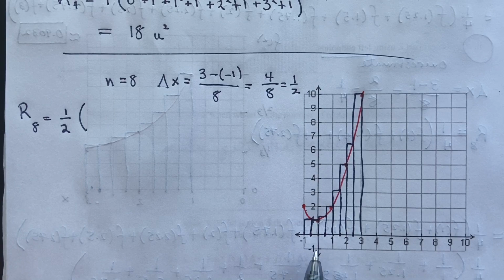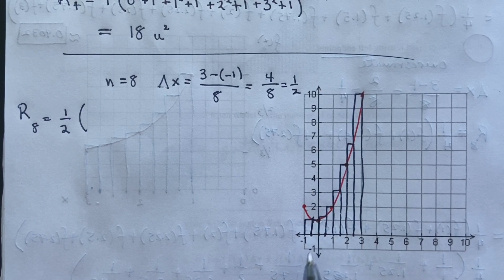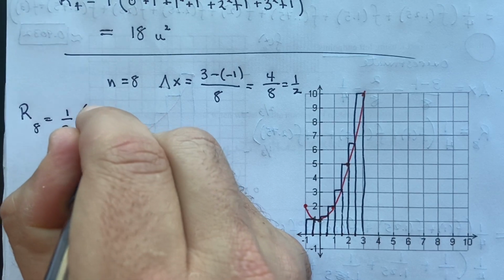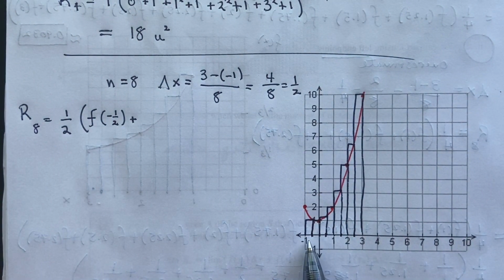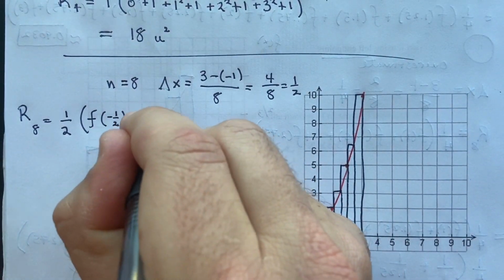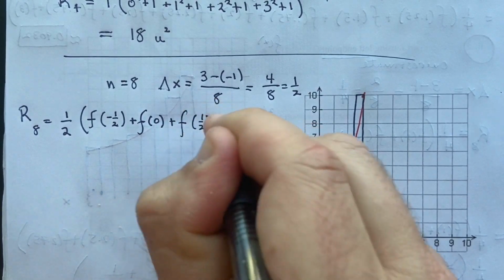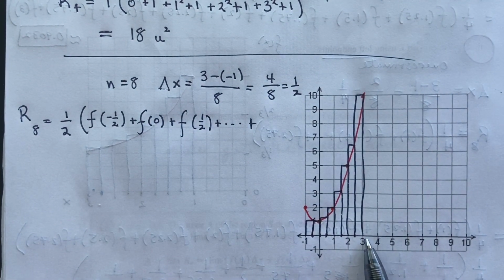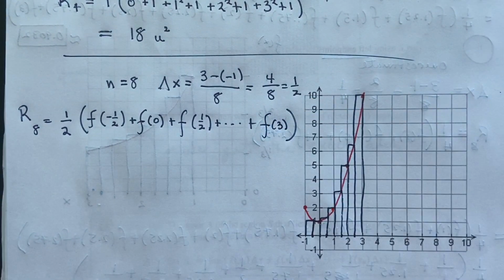For my first one, I'm taking negative 1 and adding 1/2, so that'll be f of negative 1/2, plus f of 0, plus f of 1/2, and so on. All the way up until you get to 3. So f of 3 will be our last one.